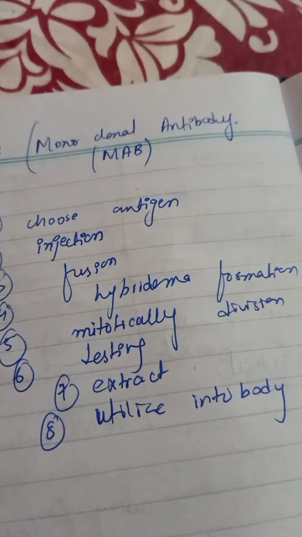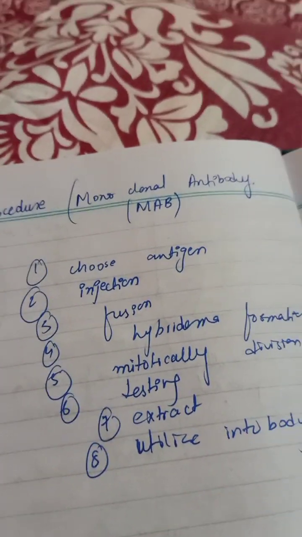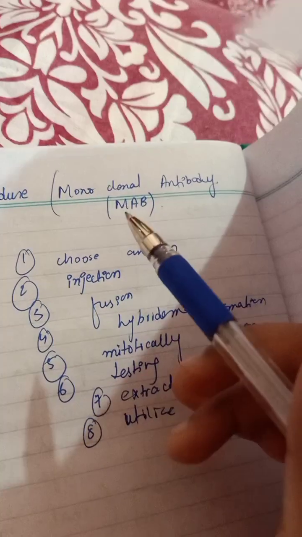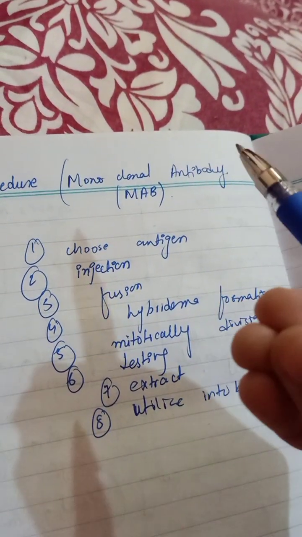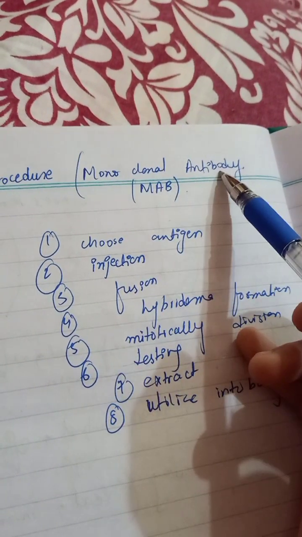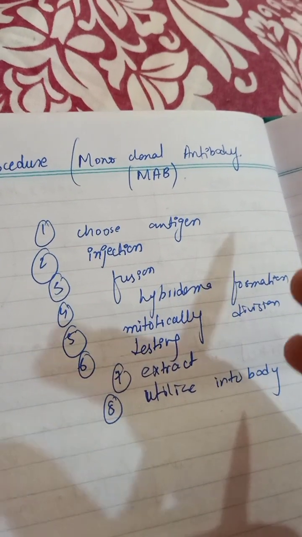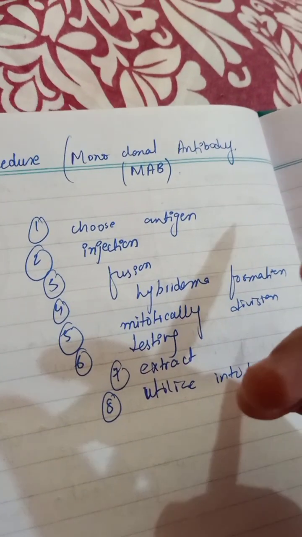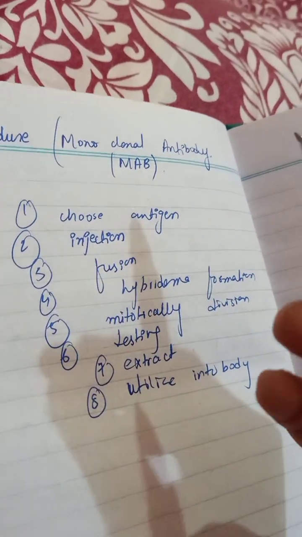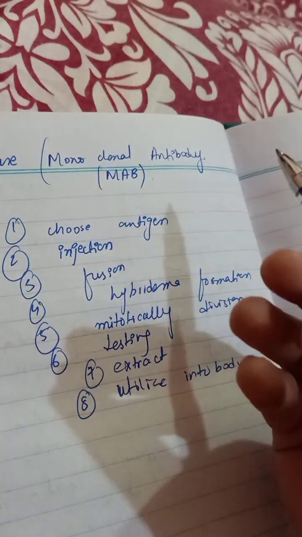It is a very costly technique. Why are we doing this technique? Because our body takes a very long time to make this monoclonal antibody. For example, a snake has bitten a patient, and the poisonous substance is spreading in his or her body. Our body will consume time to make the monoclonal antibody.